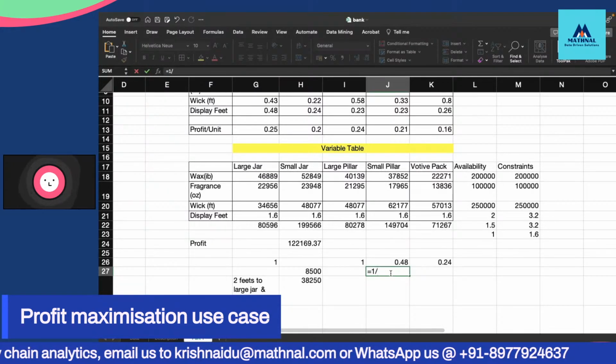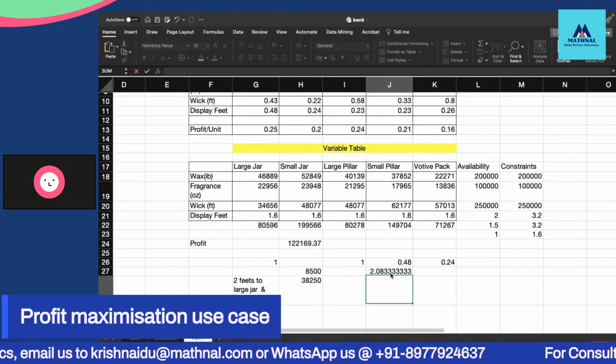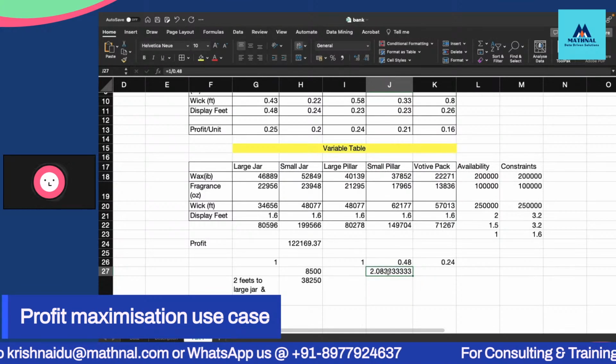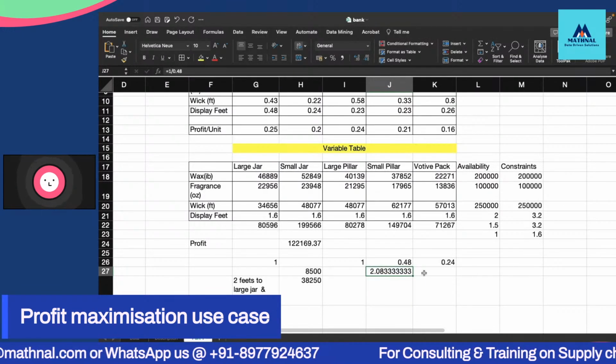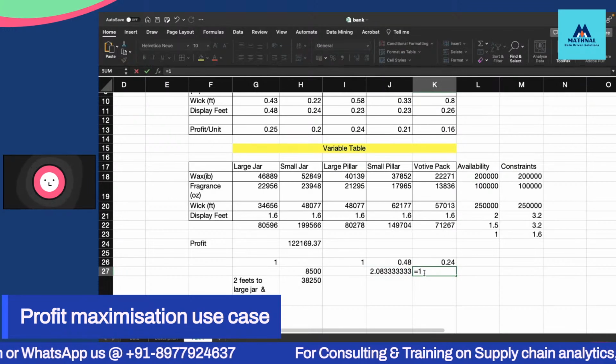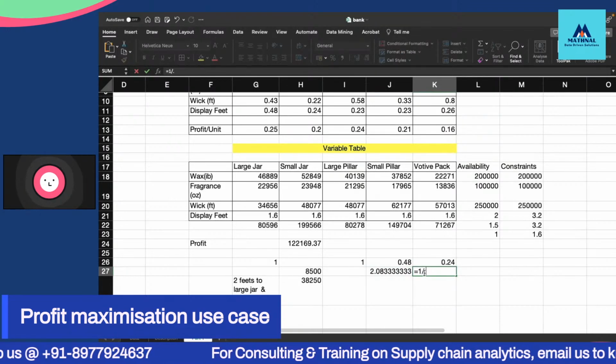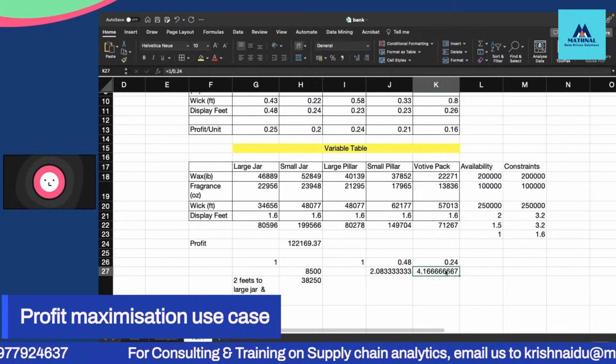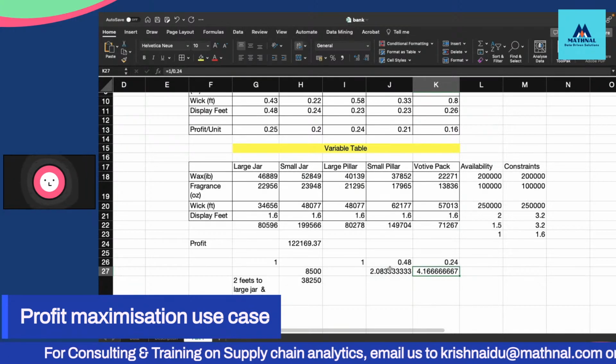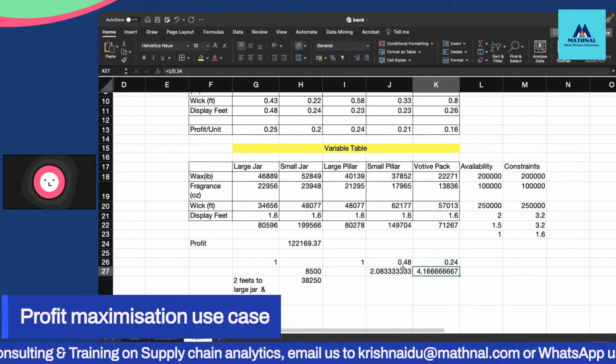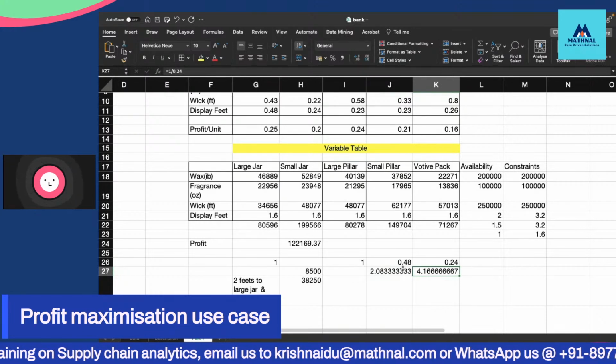One divided by 0.48 gives two jars here, and here 1 divided by 0.24, that is 4 jars. There will be almost 6 jars we can keep.